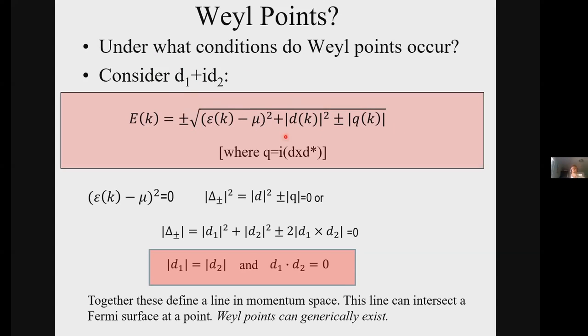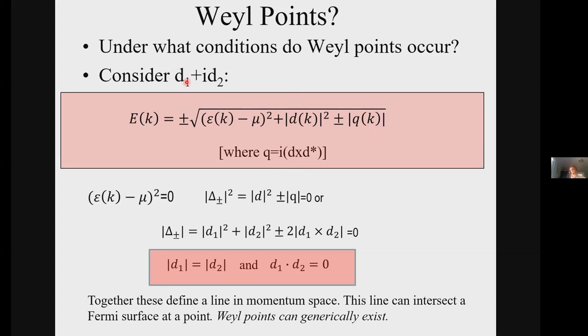Importantly, it has three terms. It has the usual epsilon k minus mu term, which is just the usual dispersion and the chemical potential, so this gives the Fermi surface in most cases. Then it has this plus the magnitude of the gap squared, and it has this plus or minus q_k. This q_k is an object we're not that familiar with. It's given by the cross product of d and its complex conjugate.